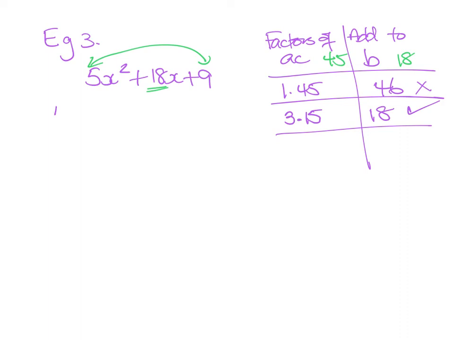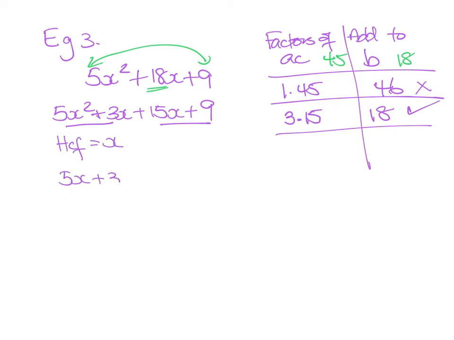So we go to ungroup now. 5x squared plus 3x plus 15x plus 9. And we now go to factorize by grouping. So what's the HCF of the first two? The HCF there is x, and we're left with 5x plus 3.